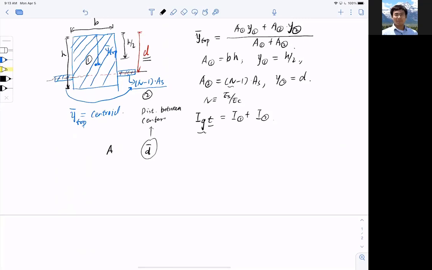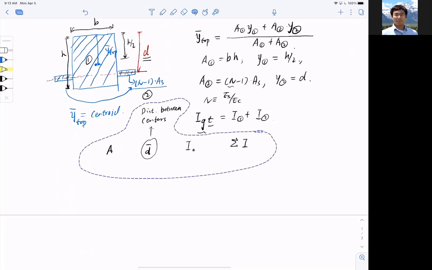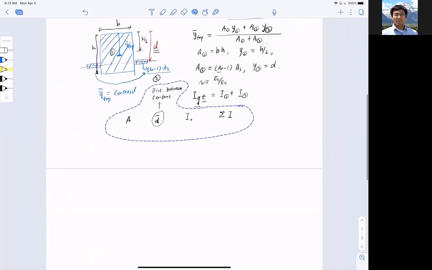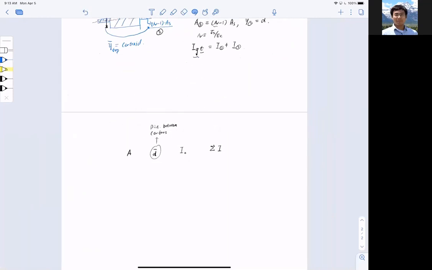And then I have I naught, which is the moment inertia with respect to its own axis, and total moment of inertia. Okay. Let me move this a little bit lower so I can see the table better. Matter of fact, let me use the second page here.